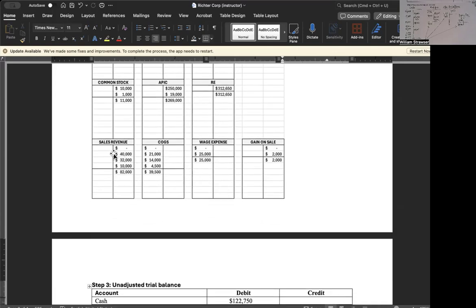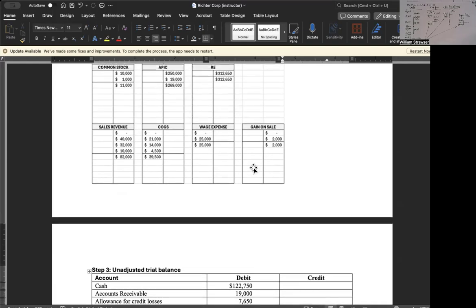Notice that none of the expense or revenue accounts have beginning balances. It's because each of these accounts gets closed at the end of every prior period. So they open with no balances. These are what we call temporary accounts. And we'll revisit them in step 7.